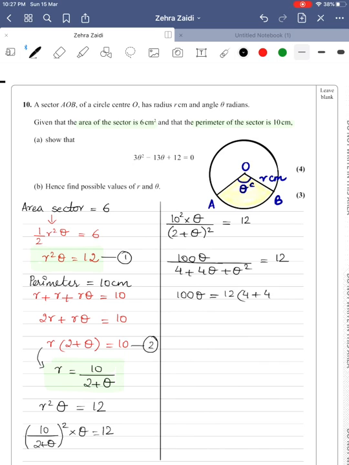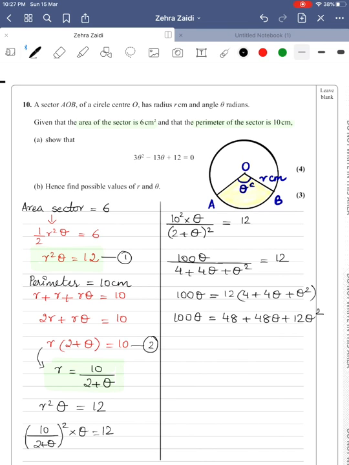So 100 theta is equal to 12 times 4 plus 4 theta plus theta squared, which is 48 plus 48 theta plus 12 theta squared.